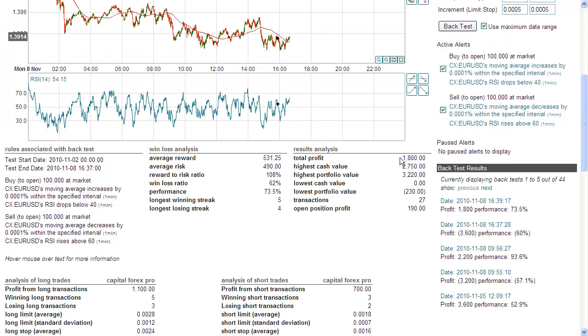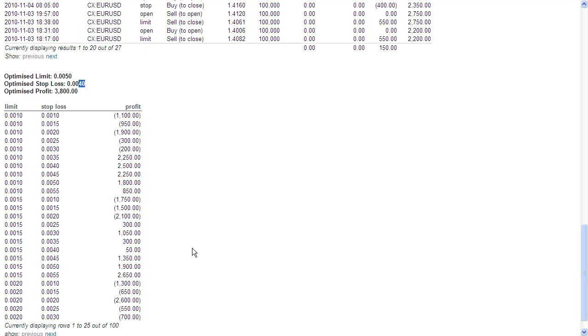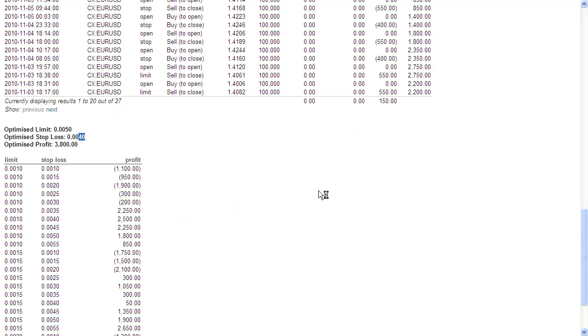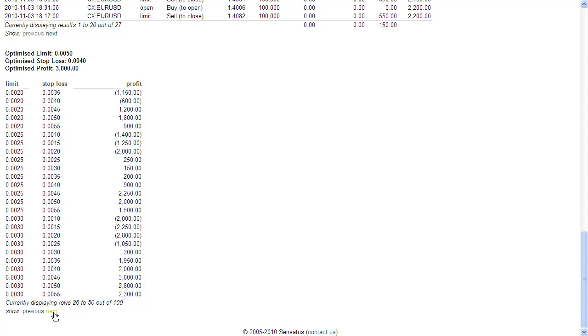Okay, if you scroll down, it's suggesting that an optimized limit of 50 pips versus a stop of 40 pips may have worked better over the last week versus the previous result of a loss of 3,600. And what I'm looking for now as I go through the stop and limit combinations that were backtested is a zone where there's generally a good range of profitability.